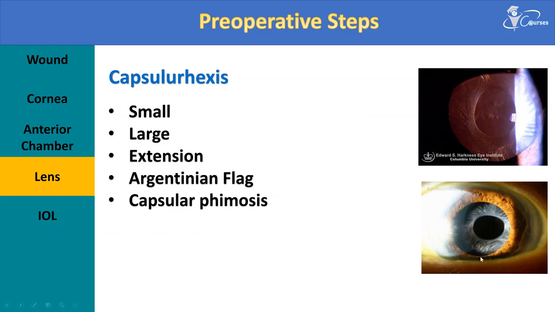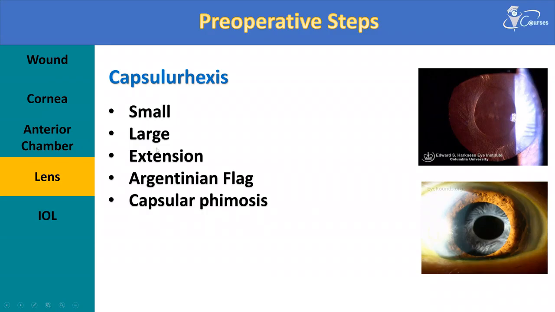But even if this happens, we can do YAG laser cutting of the edges of the anterior capsule. It can even be done at the end of the surgery by making 2 releasing incisions, like at 3 o'clock and 9 o'clock, to prevent this capsular phimosis. And even if you forgot to do this, you can do it by YAG laser later on.